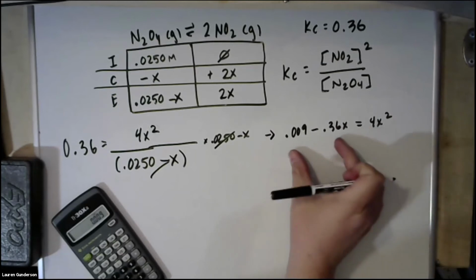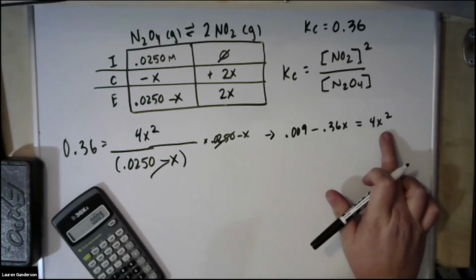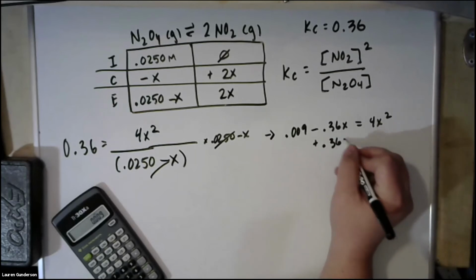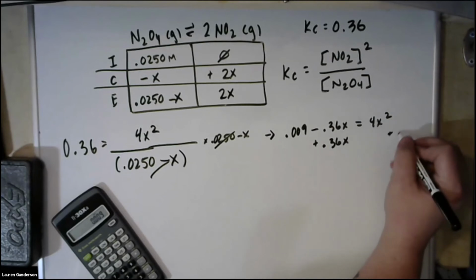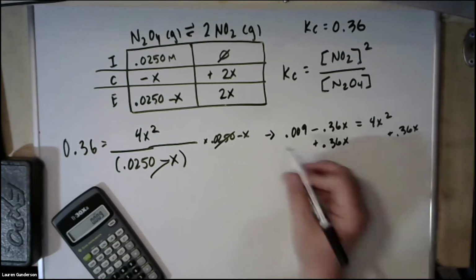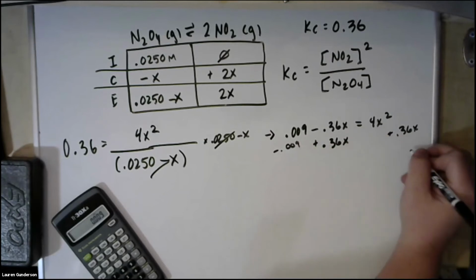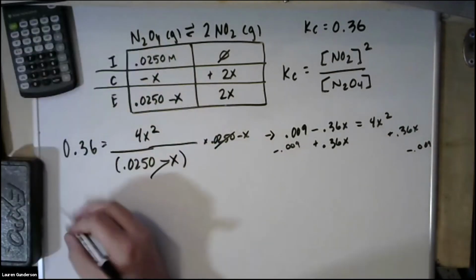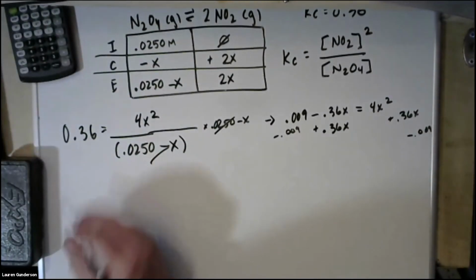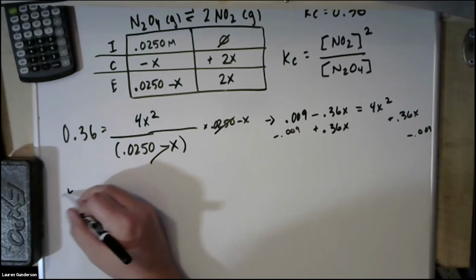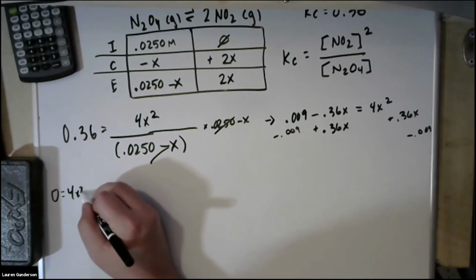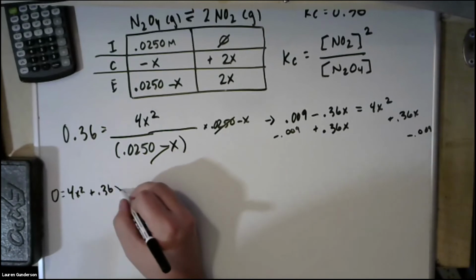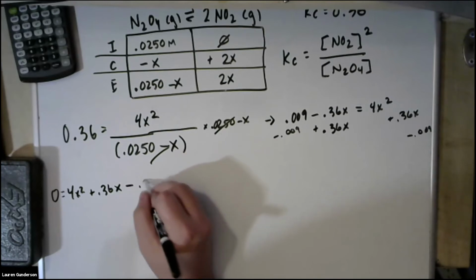And I'm going to move these values to the opposite side so I can move everything onto one side and make everything equal to 0. So plus 0.36x minus 0.009 on both sides. And I'm going to rewrite my equation. So I end up with 0 equals 4x squared plus 0.36x minus 0.009.